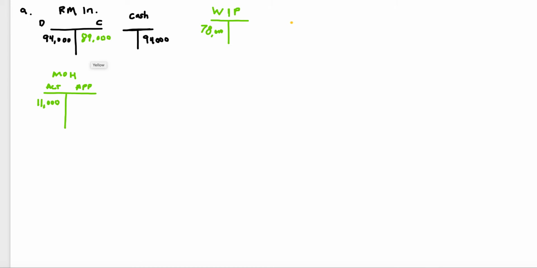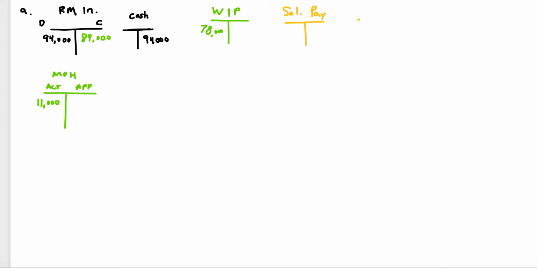So what we're going to do is pull up our salaries, and I'm going to abbreviate and say sal pay, or salaries payable account. Okay, and we know that the total amount is $132,000.